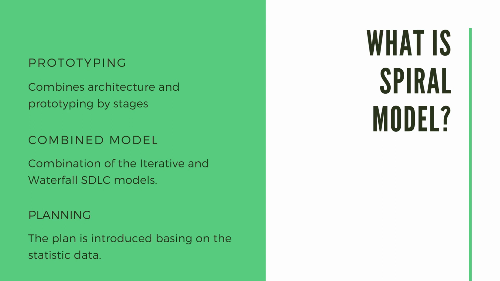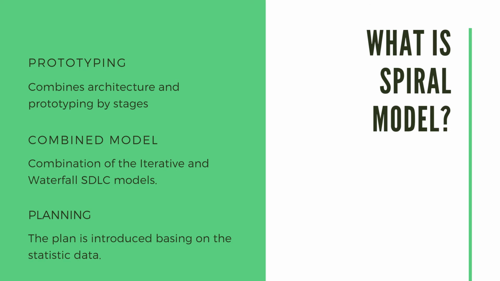The next model is the spiral model. A spiral model is the SDLC model which combines the architecture and prototyping by stages. It is the combination of iterative and waterfall software development lifecycle models. The main issue in the spiral model is defining the right moment to make the step into the next stage.